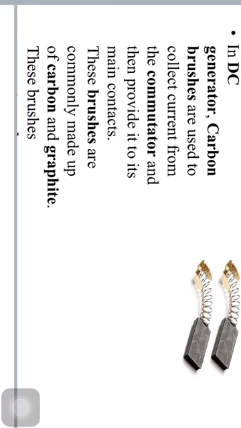These brushes remain joined with the commutator by a spring, and a flexible copper pigtail is mounted on the top of the carbon brushes, which convey current from the brushes to the holders. This is about carbon brushes.